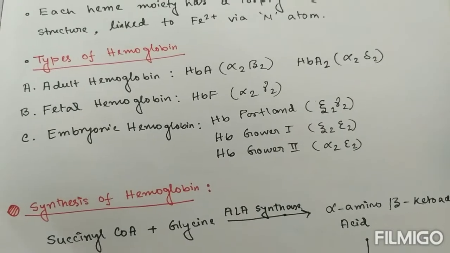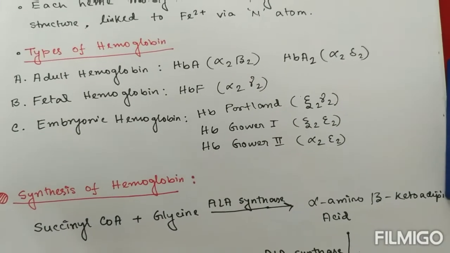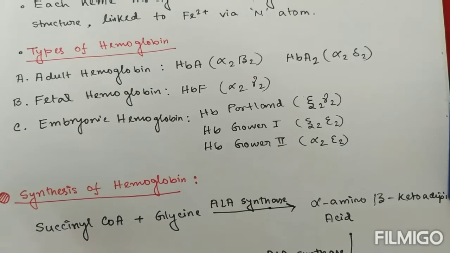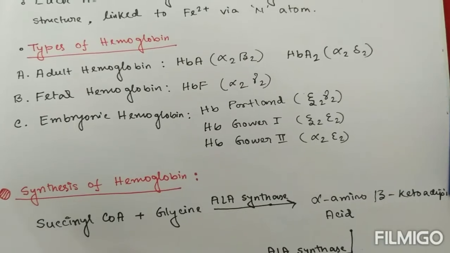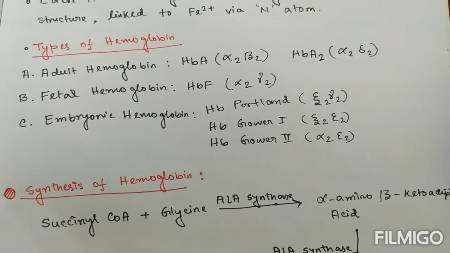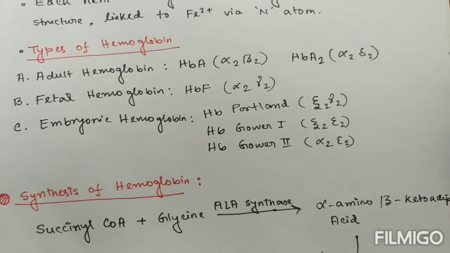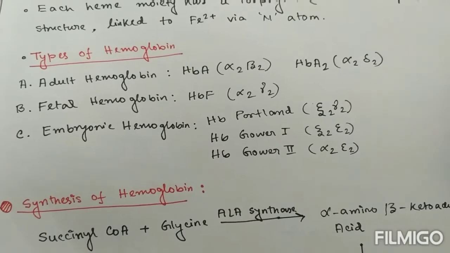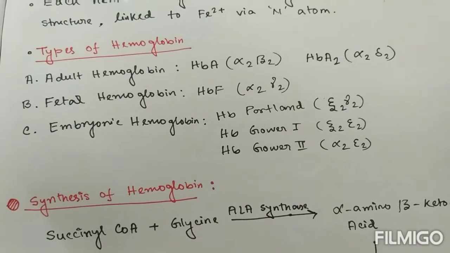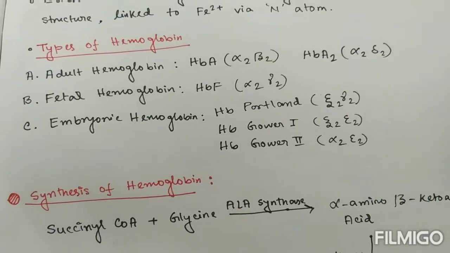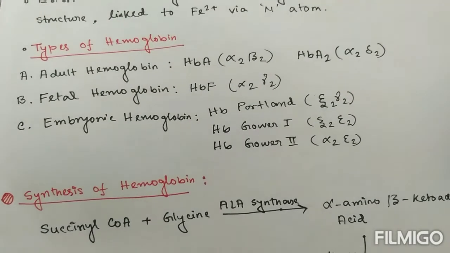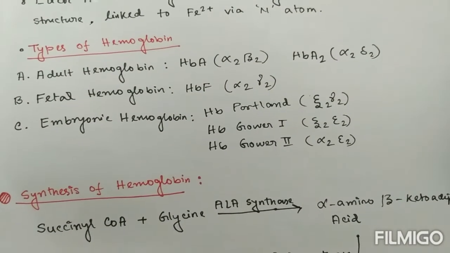Now coming to the types of hemoglobin. In hemoglobin electrophoresis, there are various types of hemoglobin found. Among them, the majority is adult hemoglobin type, and among them HbA and HbA2 are 2 important ones. Here the difference between various types of hemoglobin is only due to the types of globin, because the overall structure of heme is constant.